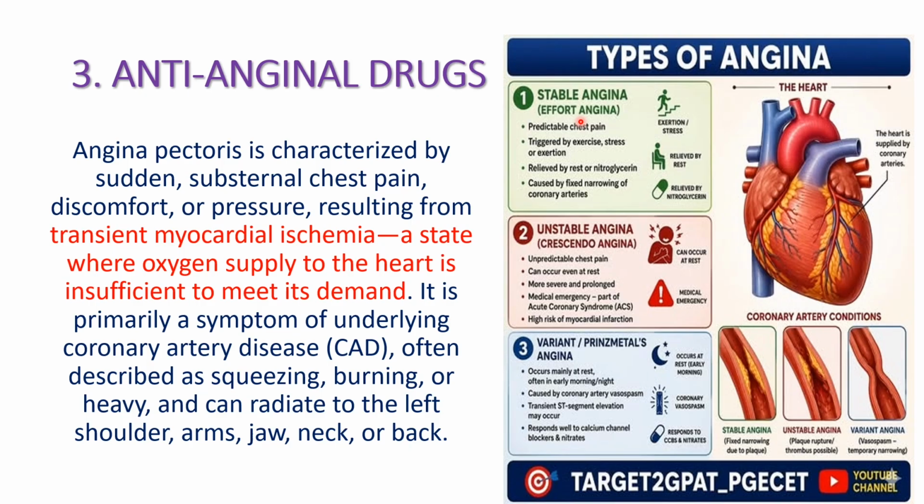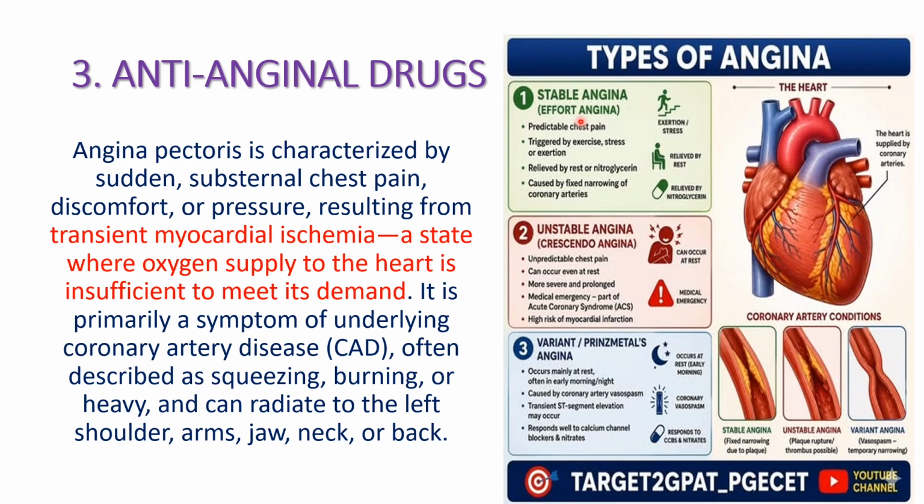I have mentioned these types because they are asked in the previous year questions of GPAT, PGCET and NIPER: the types of hypertension, types of angina, and tachycardia, bradycardia. Whatever I have shown in this video is from my research of the past 10 years of previous year questions of GPAT, NIPER and PGCET. So in one way or another, direct or indirect questions we will find here.